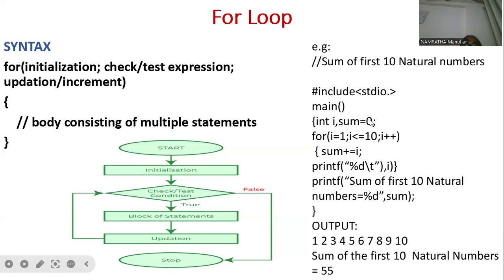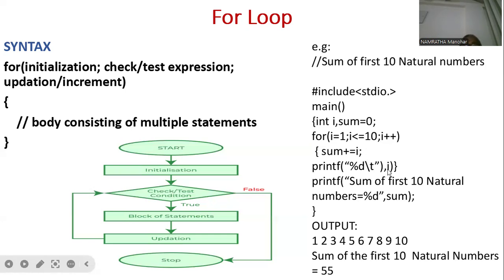So what is the logic here? I've initialized sum to 0. Now I'm using this shorthand operator, sum += i, which is equal to sum = sum + i. So now the sum has become 1. How do you trace the program? To trace the program, you write your variables i and sum. Sum has become 1.